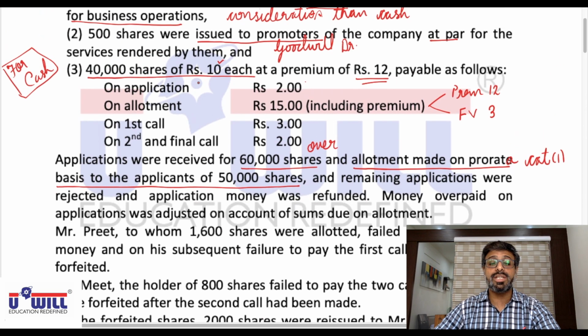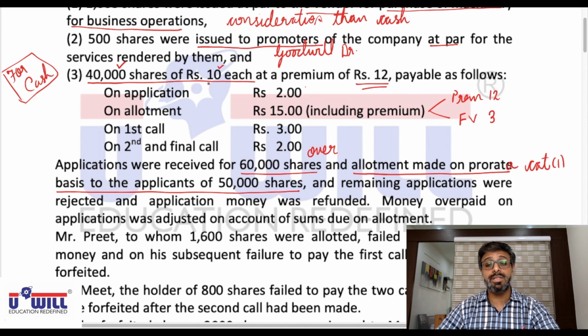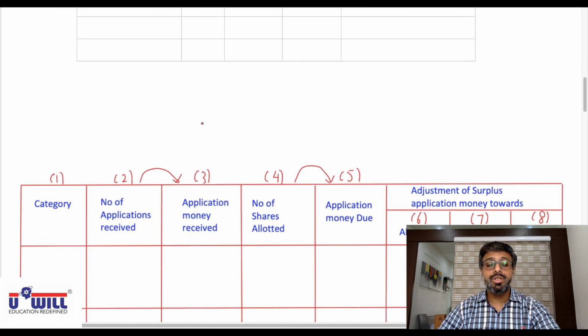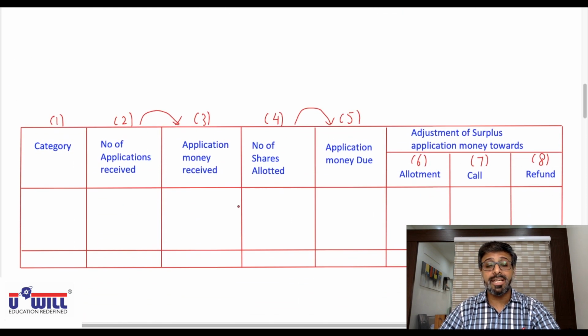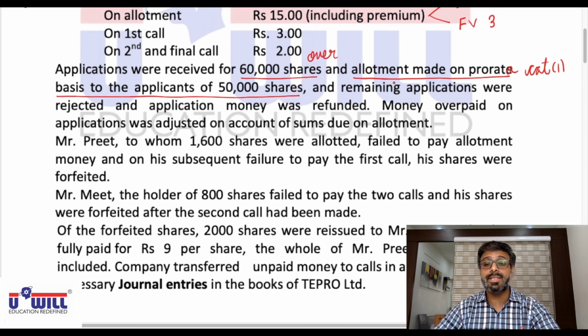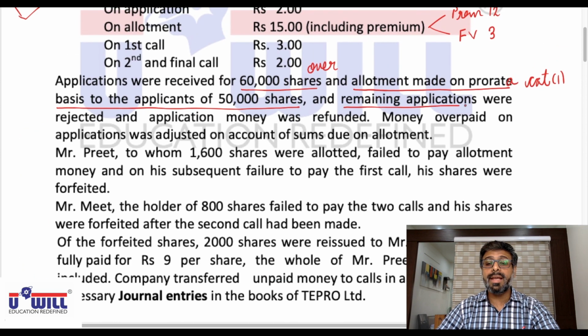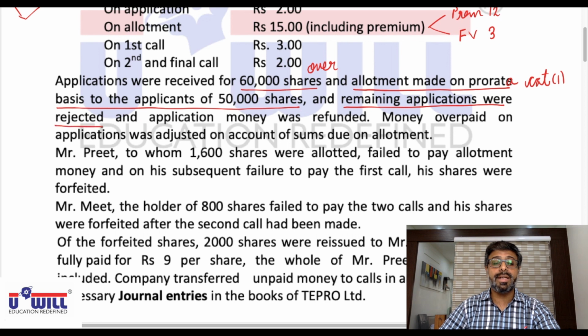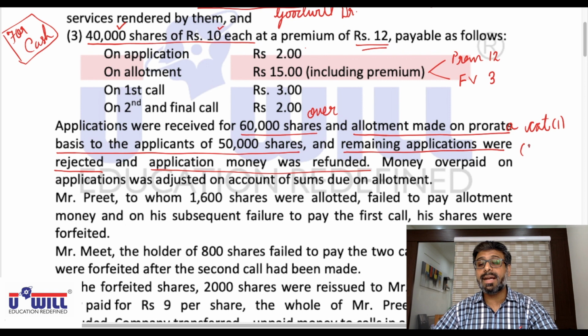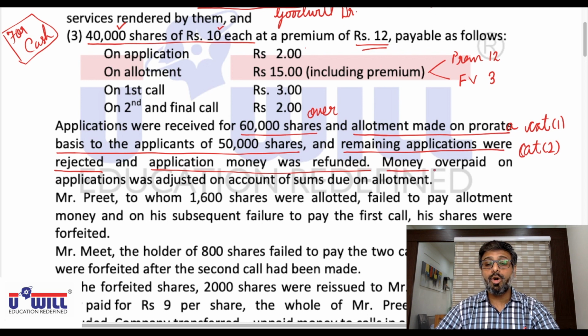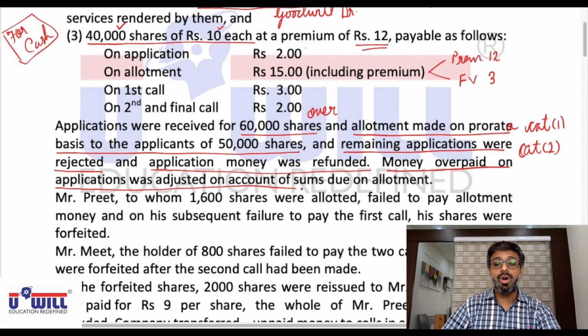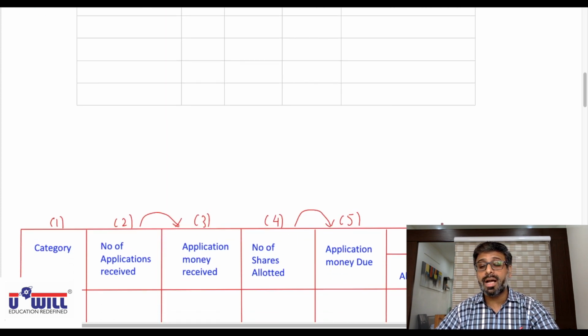Fourth column, how many shares can we allot? Only 40,000 shares, which are issued. So category 1, 50,000 applications received, shares allotted 40,000. And remaining applications were rejected and application money was refunded. That is category 2, the balance category. Money overpaid on application was adjusted on account of sums due on allotment.